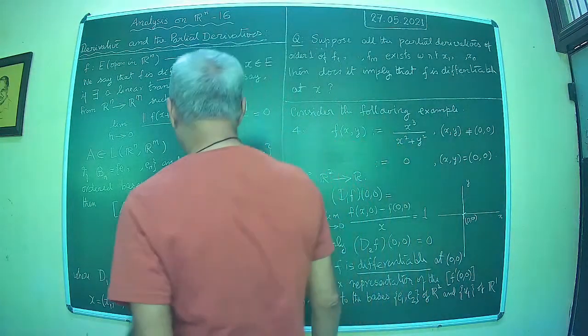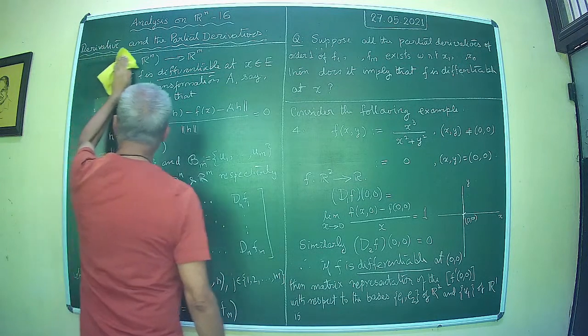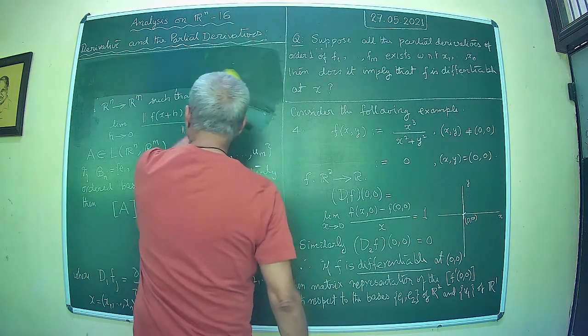We use this formula, therefore you get, this is actually a 1 by 2 matrix.